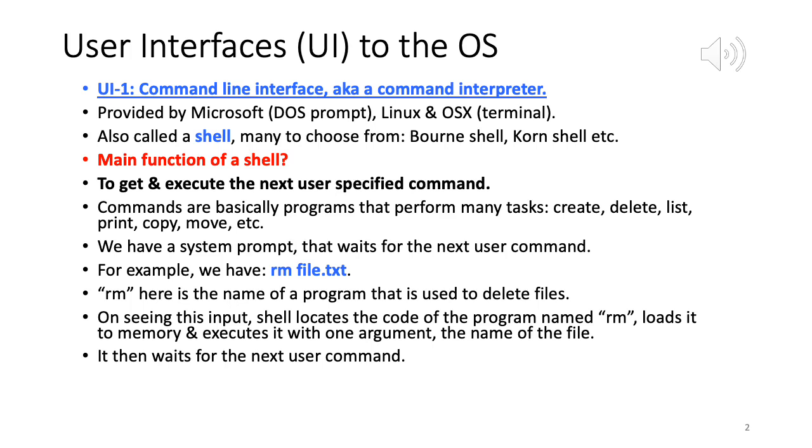So as such, it is available on all operating systems. So this is also called a shell, and there are many shells to choose from: Bourne shell, Korn shell, which you can download. So you can sort of think and understand why it is called a shell. Shell is sort of like the outer covering, and then whatever is inside, when you open the shell, you can access it. So similarly, your command line interface is the outer covering, the outer interface using which you can get to the OS. Using which you can get the OS to do things for you.